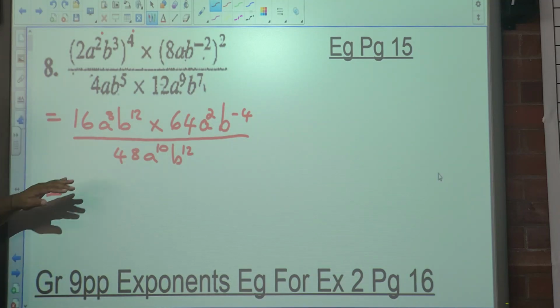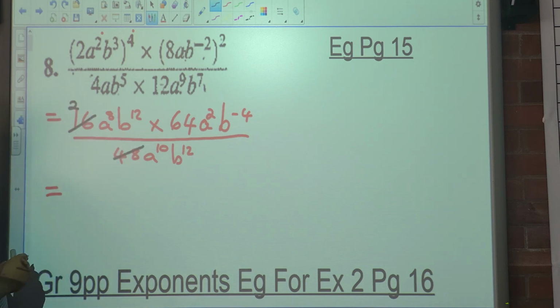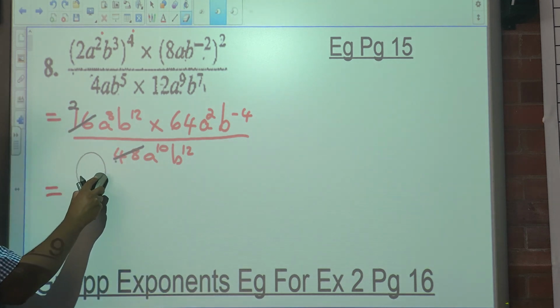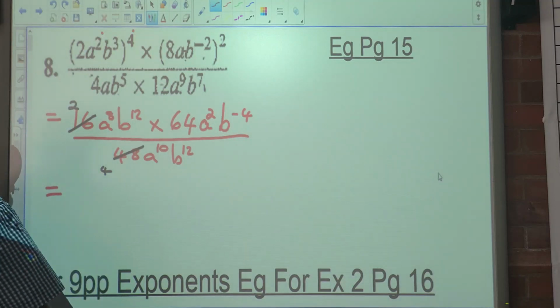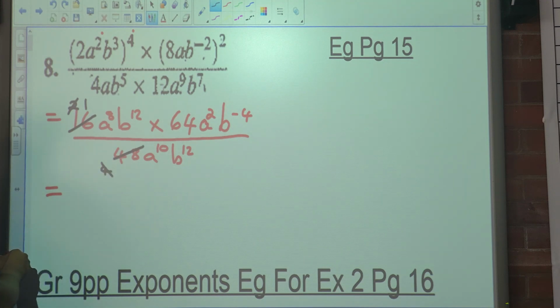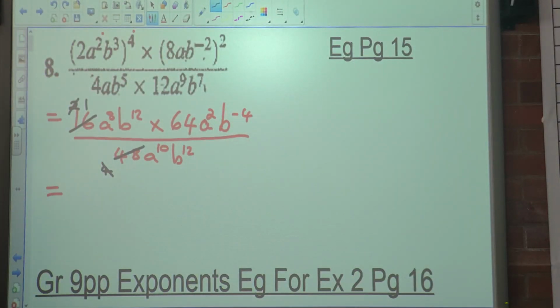But what I'm going to do is sort out these numbers first. So 8 goes into 16 twice. 8 goes into 48... How many times is 8 going into 48? 6 times.